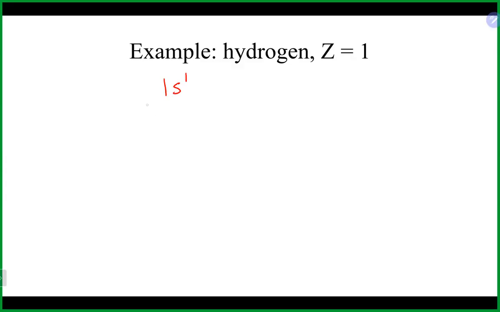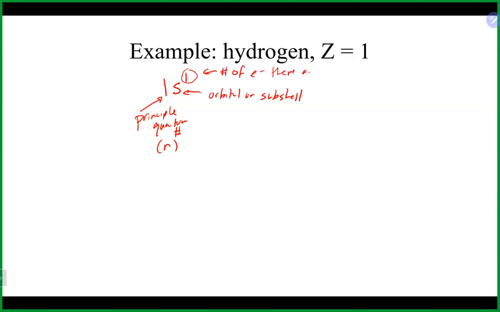The first number here is the principal quantum number, that n number. The letter right here is the orbital, the subshell that the electron is hanging out in. And the superscript at the very top is the number of electrons in an orbital, or subshell.